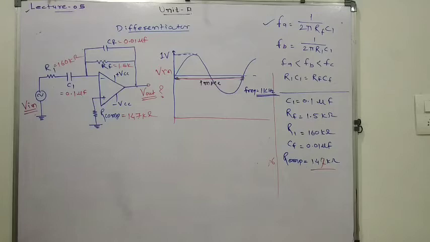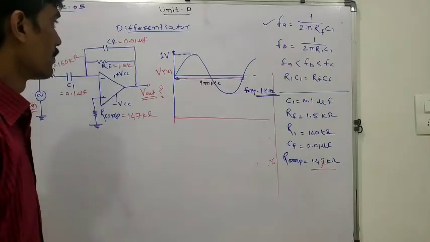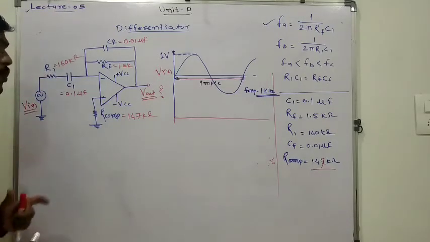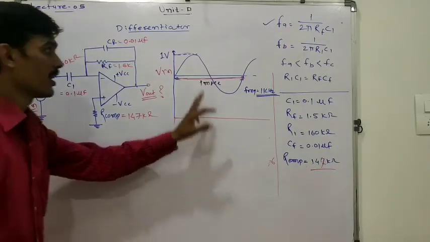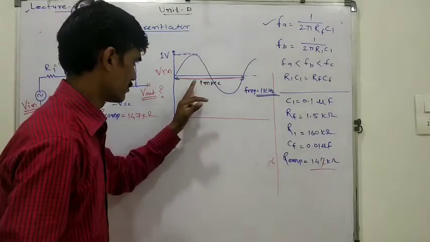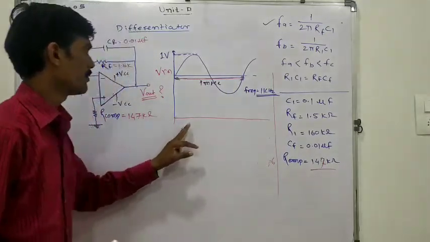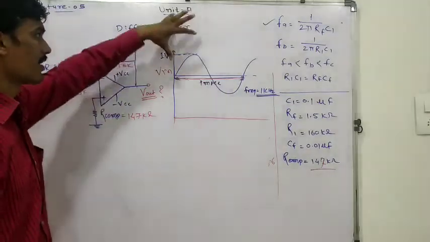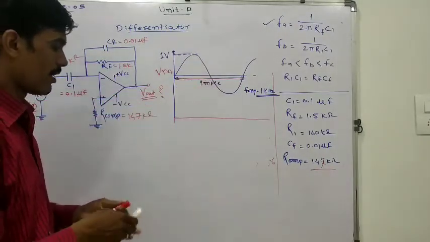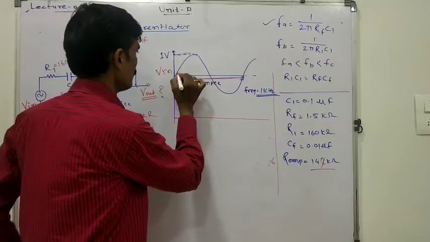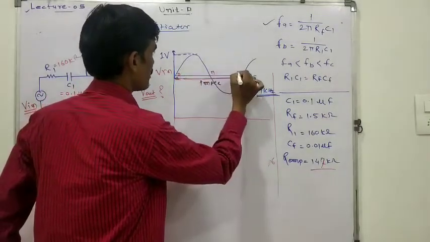To draw the output waveform, first of all, we must know the output voltage formula. Then only can we draw the output waveform. For that, we have to put the value of t equal to 0, then t equal to pi, or we can say this time 0, this is pi, this is 2 pi.